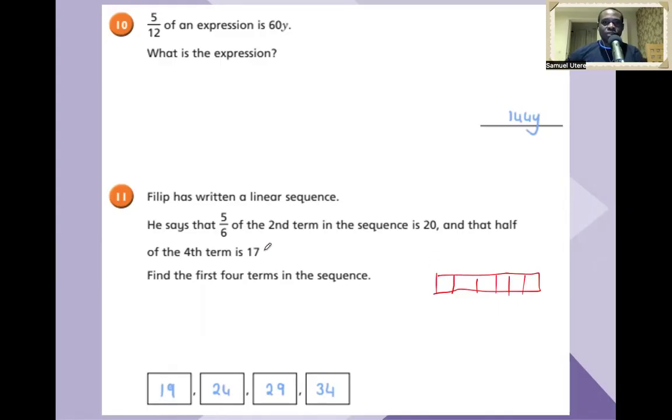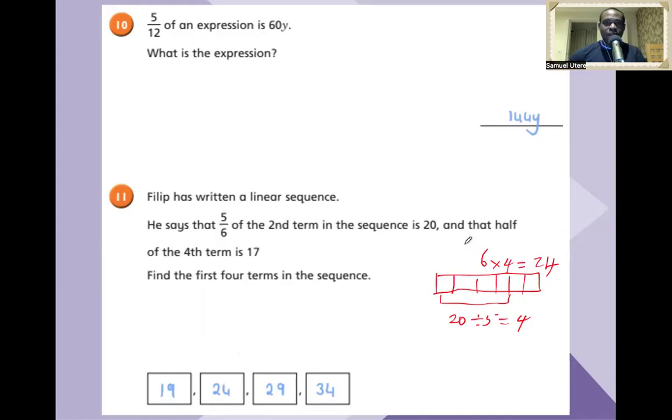So 5 lots of that, 5/6 of the second term, is 20. So 5 lots gives us 20, which means to get what each part is worth, we do 20 divided by 5, which is 4. If each part is 4 and we have 6 parts altogether, it has to be 6 times 4, which is 24. That's how we got this number here.